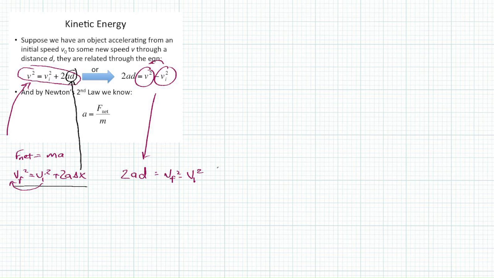Okay, and since Newton 2 tells us that the net force is equal to mass times acceleration, then we can state that acceleration should be equal to net force divided by our mass m.